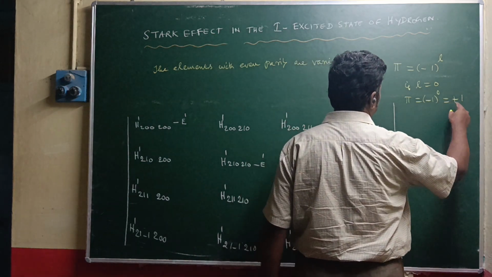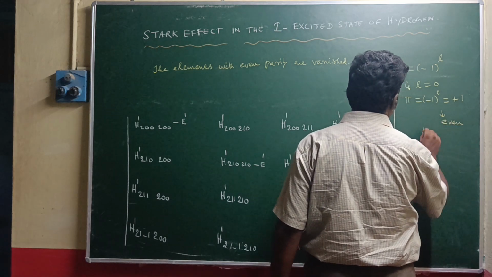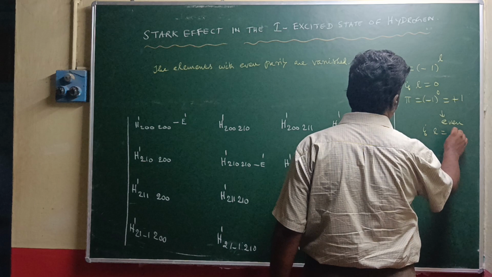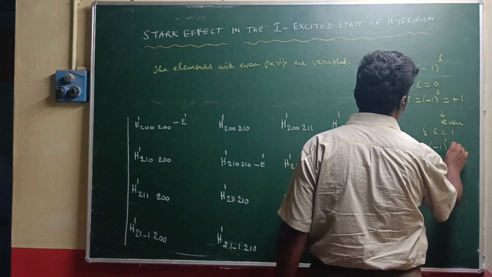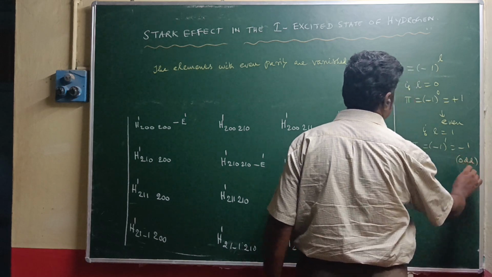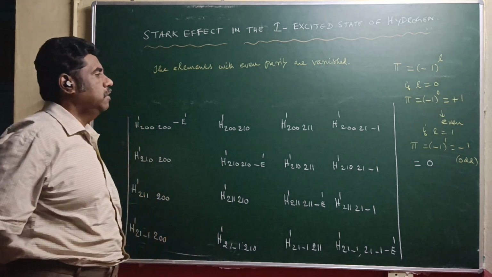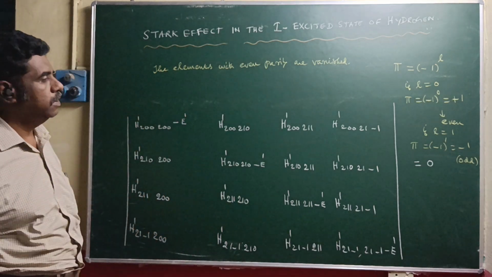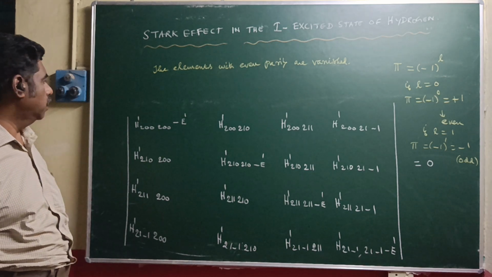If the value is positive, then the parity is even. If L equal to 1, pi equal to (-1) power 1 equal to minus 1. Here the parity is odd. If pi is positive, then the parity is even. If pi is negative, the parity is odd.